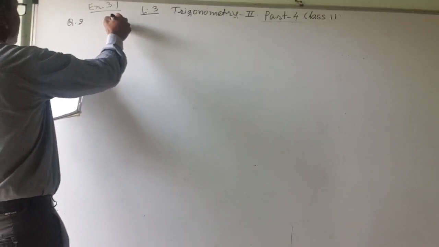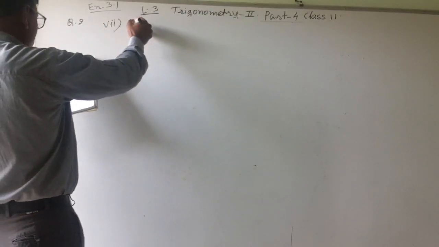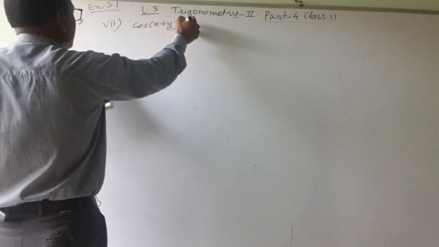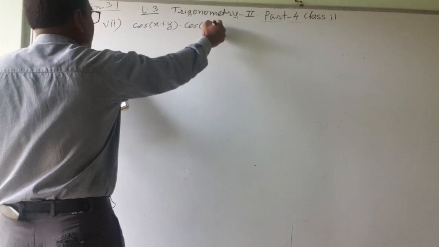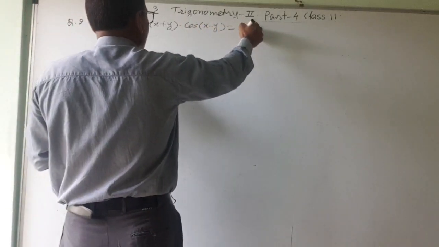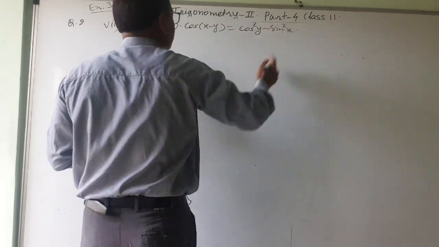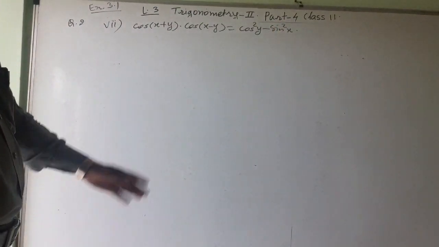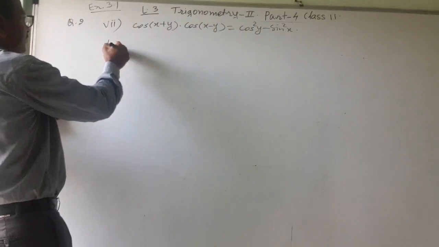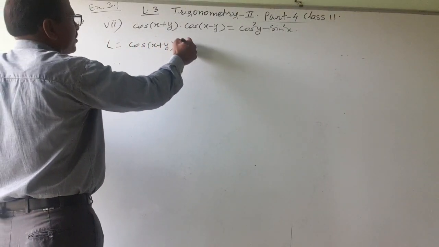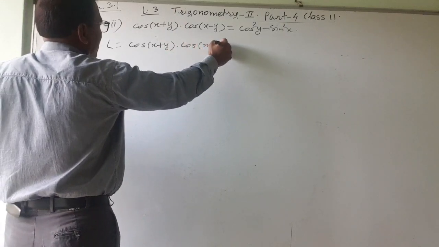Now the seventh one: cos of x plus y into cos of x minus y is equal to cos square y minus sin square x. So LHS equals cos of x plus y into cos of x minus y.